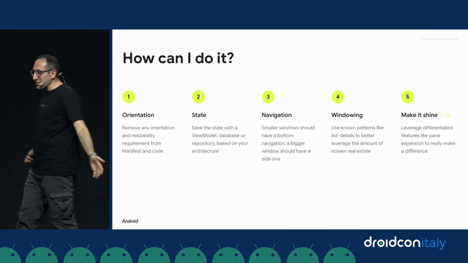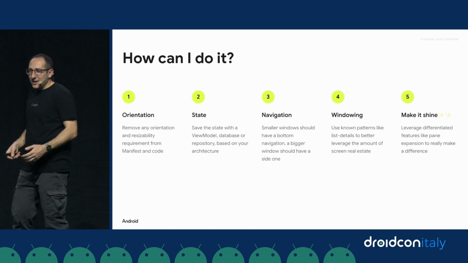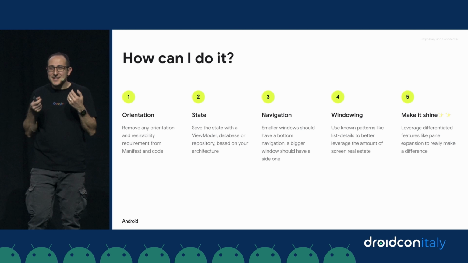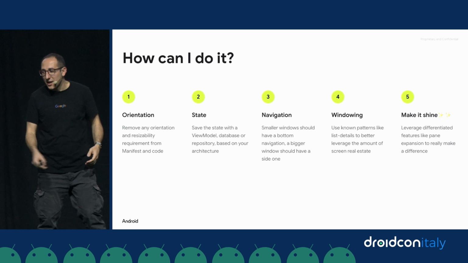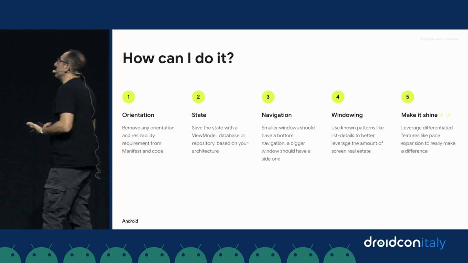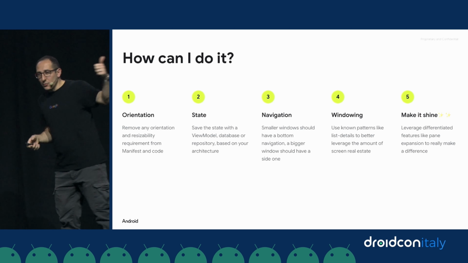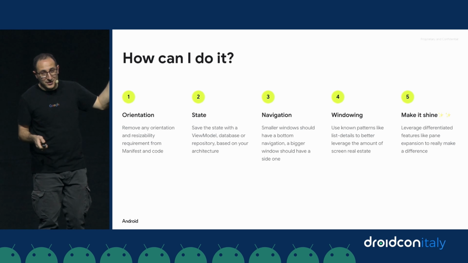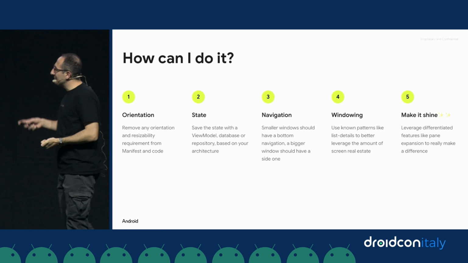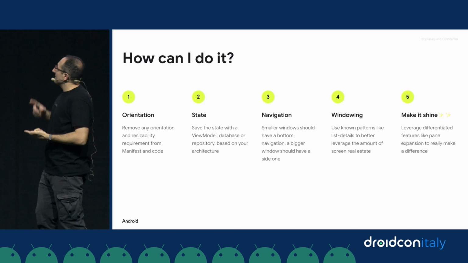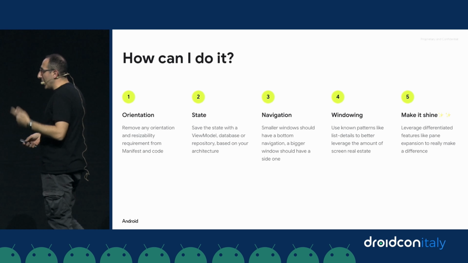Okay, so how do you do it? It looks simple, and it's simpler than we can imagine. There are 5 things that we need to do. First, we remove the orientation lock, sorry. The orientation, we probably keep it, but the orientation lock, no. We save the state. How do we save the state?